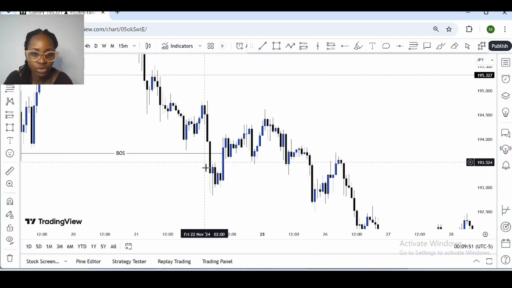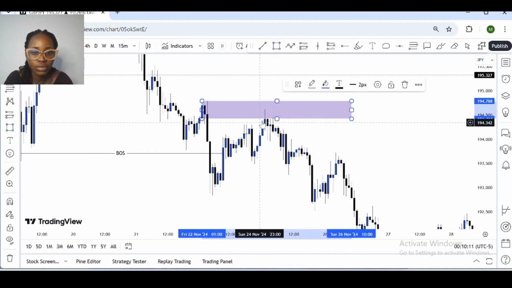Here we have a break of structure to the downside. You can see the momentum price used to give us this break of structure, right? So price traded all the way up to this origin. Let me map it out. It also engineered liquidity here, and tapped into this origin before the next push to the downside.